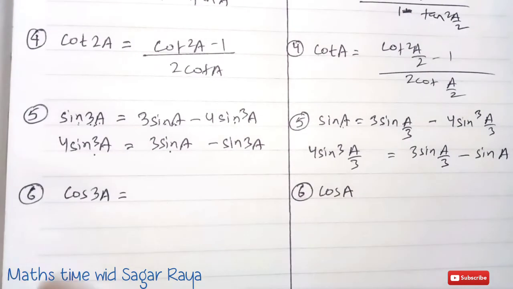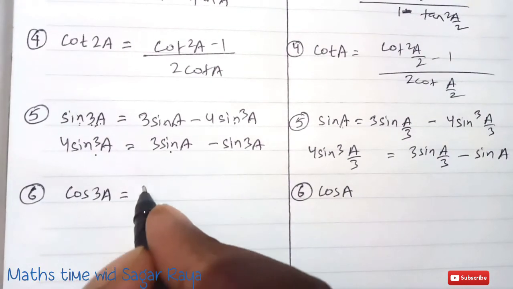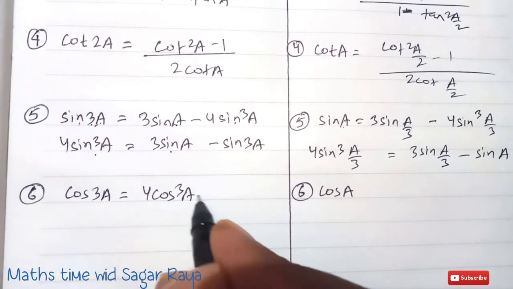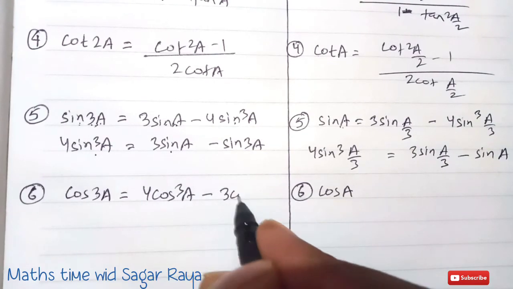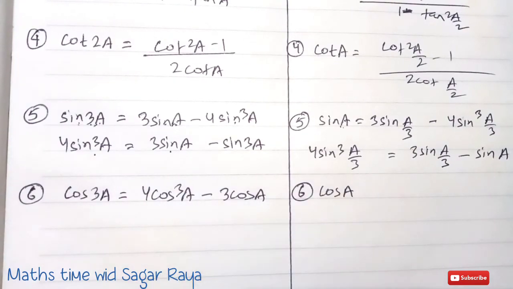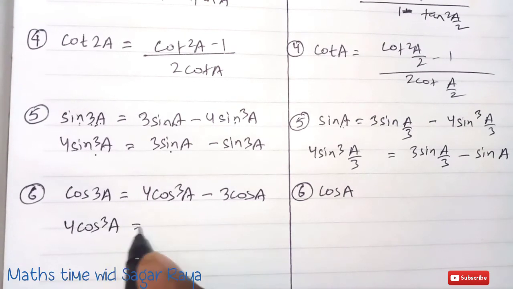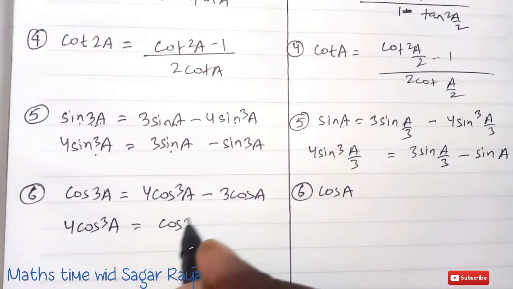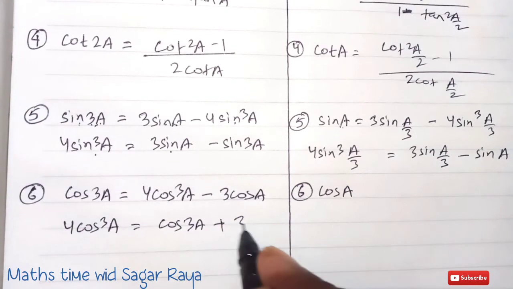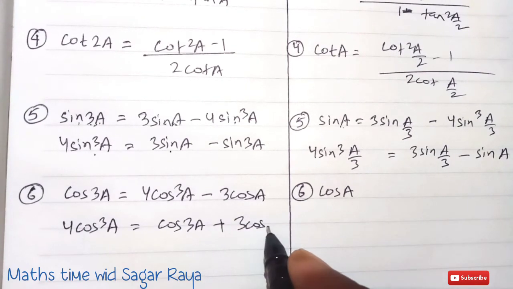Similarly, now cos 3a equals 4 cos cube a minus 3 cos a. We can derive one more formula from here. So 4 cos cube a equals cos 3a plus 3 cos a.